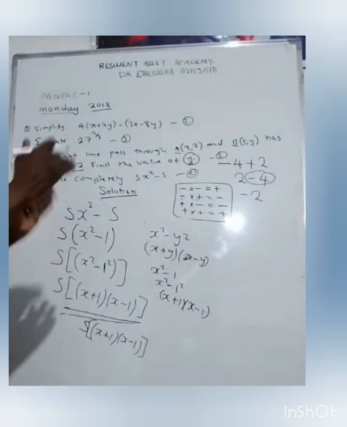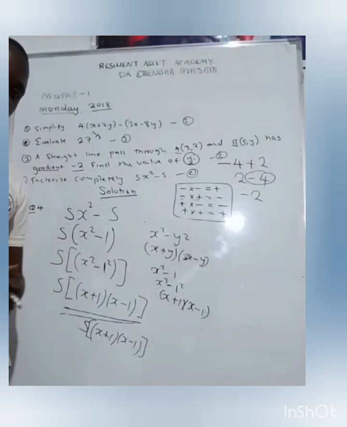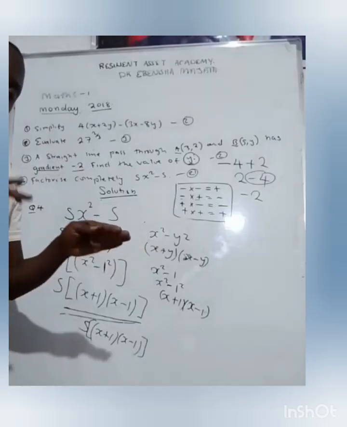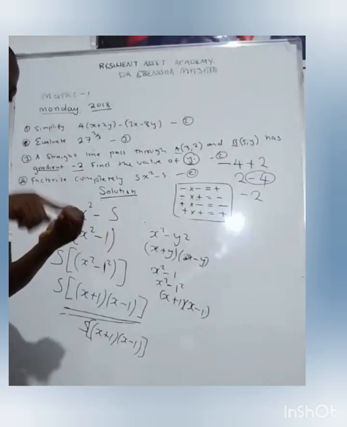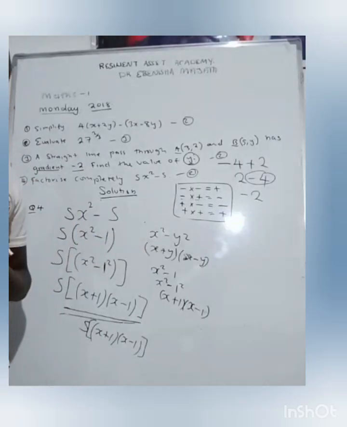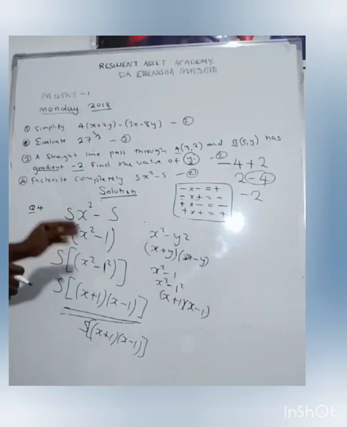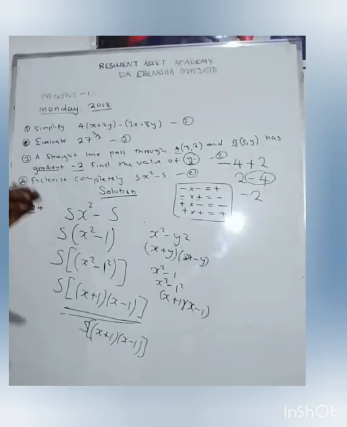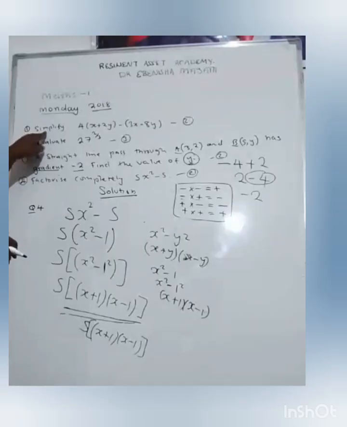So for simplifying, I want to summarize the key takeaways. When you are simplifying, number 1 is expand. By expanding, I mean what you are given here, you expand it.